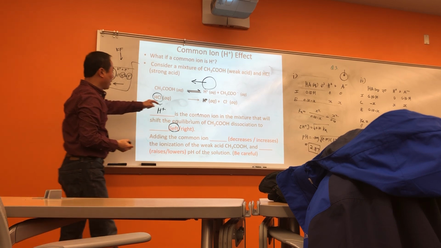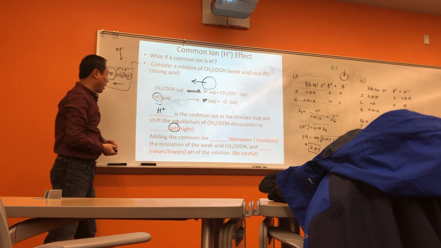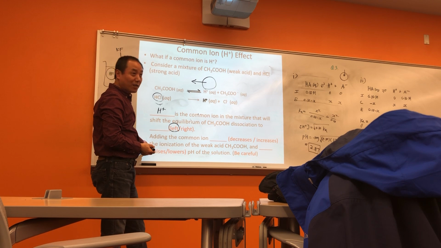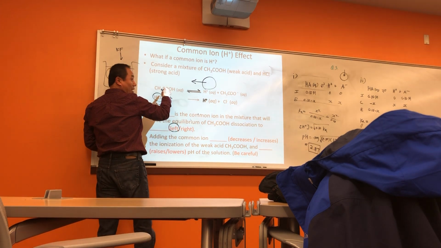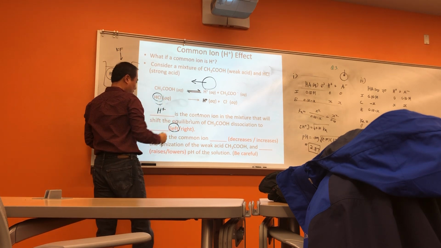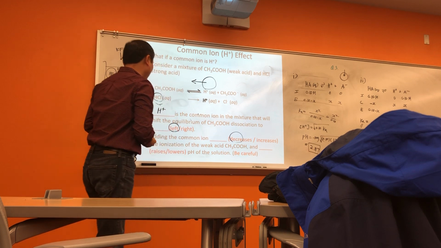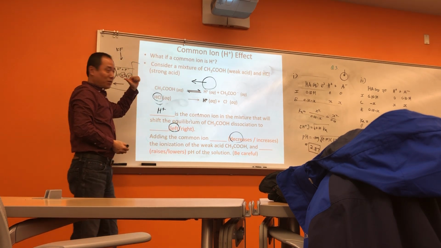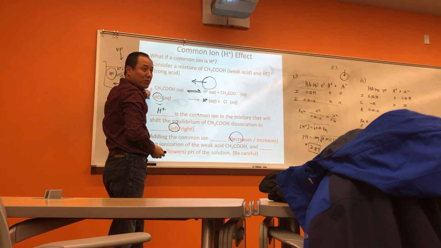So adding that common ion, the proton, does it increase ionization or decrease ionization? Decrease. Why? If you shift to the left, that means there will be less dissociation of this guy. So that decreases. Because it decreases dissociation, does it increase pH or decrease pH? Decrease.